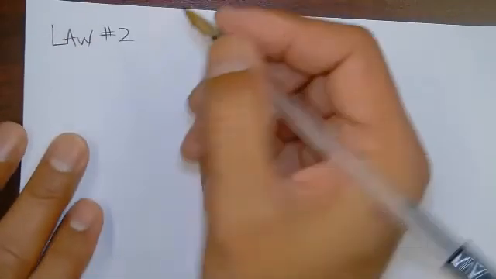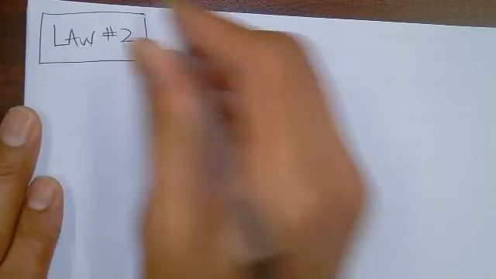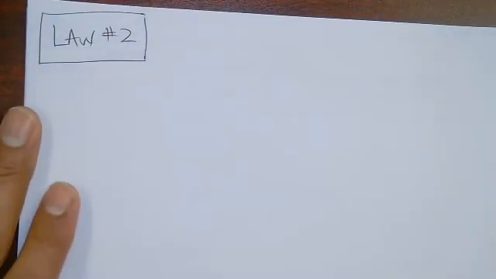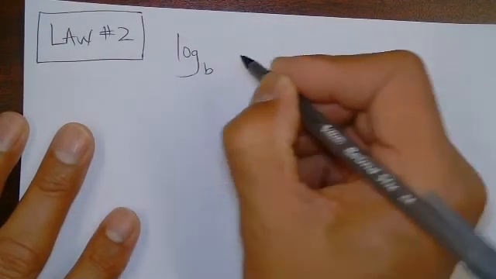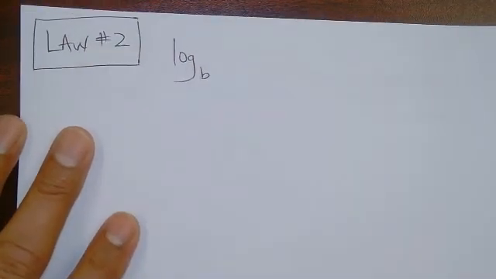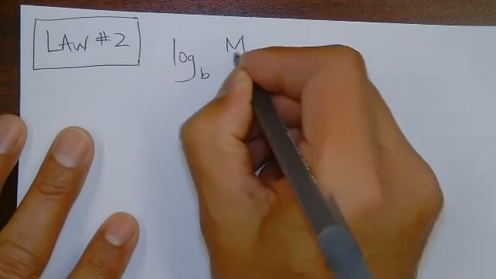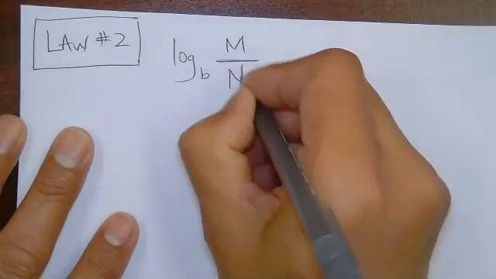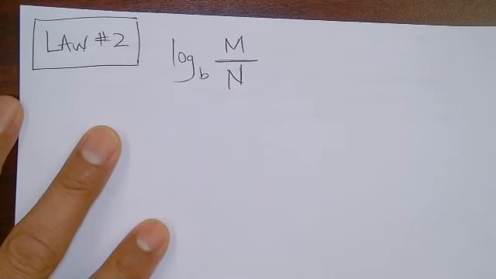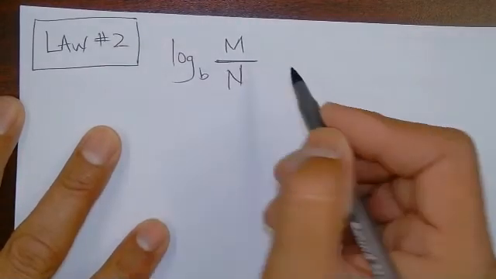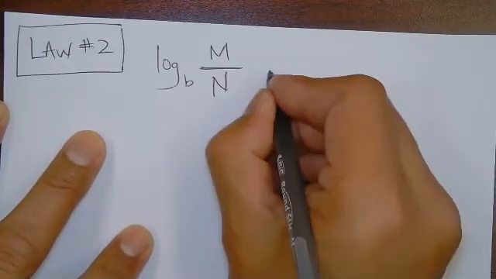Second law, we're almost done. Actually, they get easier instead of getting harder. Law number 2, or property number 2 of logarithms, says this, and I think you're already going to know the answer. Law number 2 says a logarithm, with whatever base it has, of m divided by n.